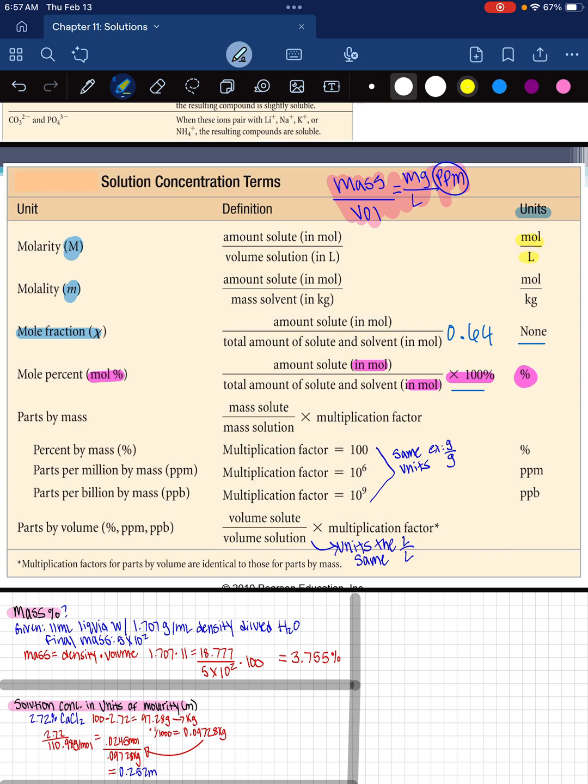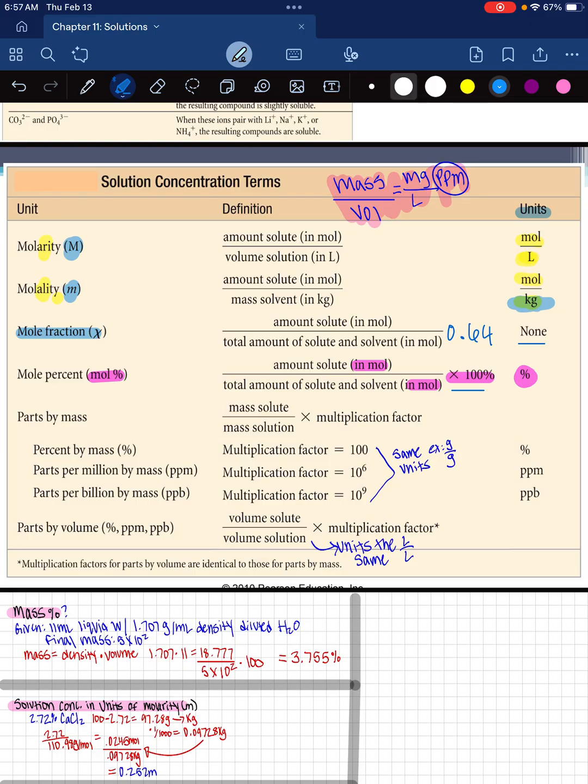And then molality is going to be moles over kilograms. I think about this extra L in here and think about how it's opposite. You would normally think, since it has the extra L, you're going to put the liters on the denominator, but I have to think of it the opposite way. So if I see the extra L, I know I'm not using liters and I'm using kilograms.